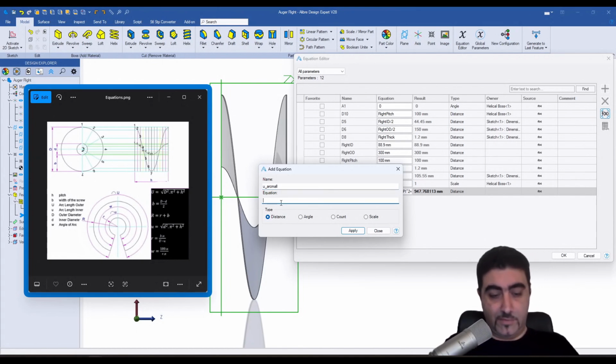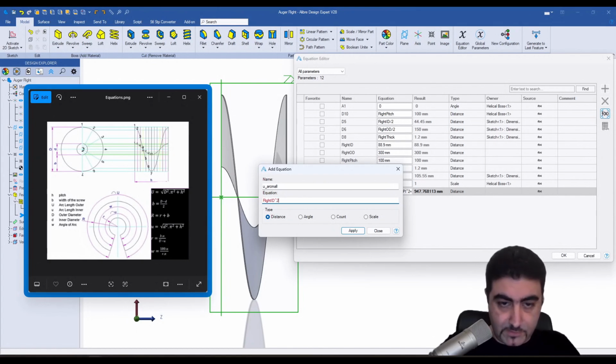So let's go here, right? This is the flight ID squared. Oh, well, it's the square root of all of this, right? So it's the flight ID times pi squared. Let's get this correct this time. Plus the flight pitch squared.